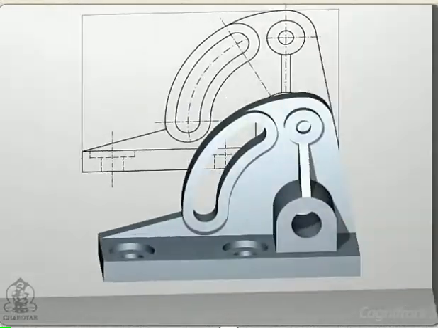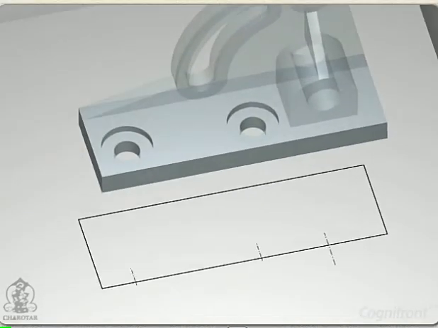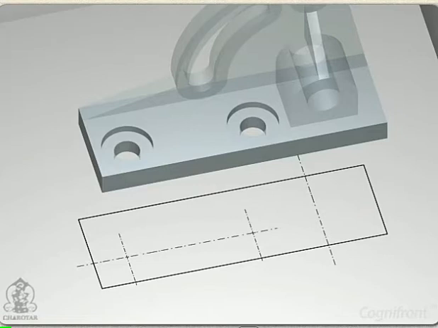Let us now move to the top view. We see the bounding rectangle here. Next, draw 3 vertical center lines at 20 mm, 75 mm and 40 mm respectively from left. Also, draw a horizontal center line at 20 mm above the base.